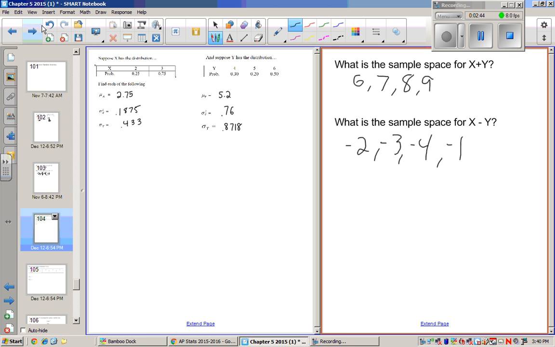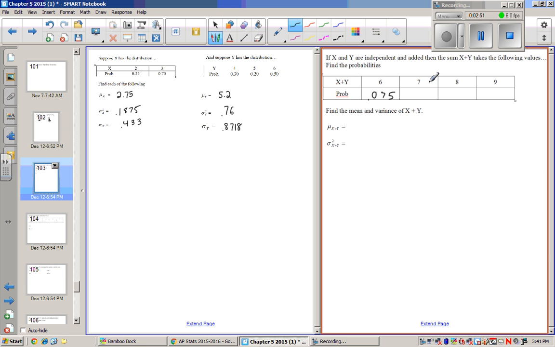Now 7 isn't quite as easy. Maybe I'll get rid of this page. We don't need that anymore. 7 isn't quite as easy because we can get 7 two ways. There's the 2 and 5 and the 3 and 4. And we have to check both of those values.